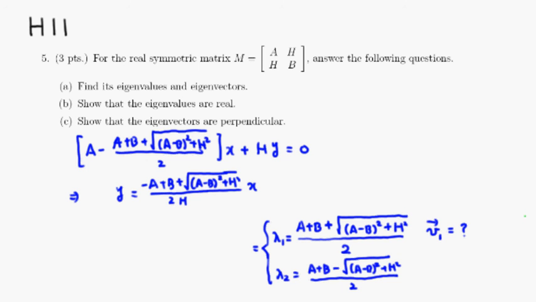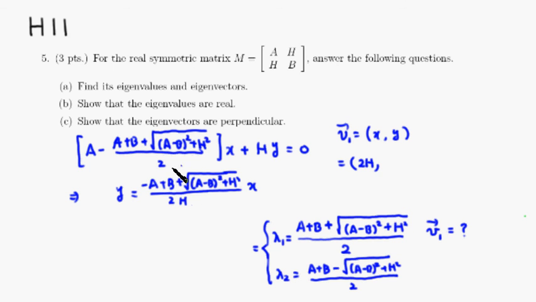So I'm going to look for something fairly nice so that it looks a little bit better. I'll take v1 to be x comma y. To make this expression fairly simple, it's still going to be pretty ugly, I'm going to take x to be 2h, so that the 2h here and the 2h here cancel out.